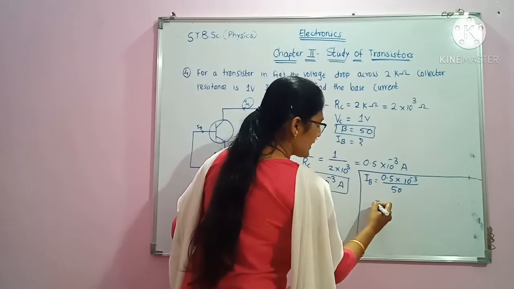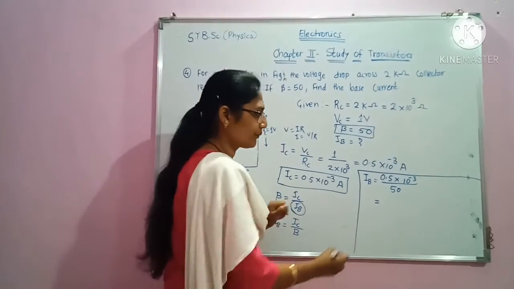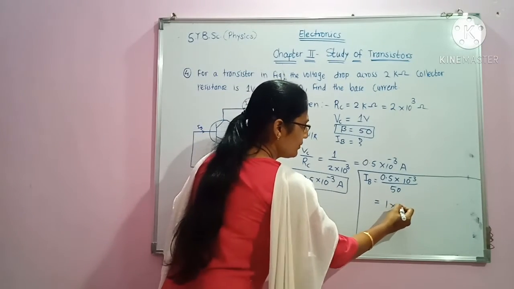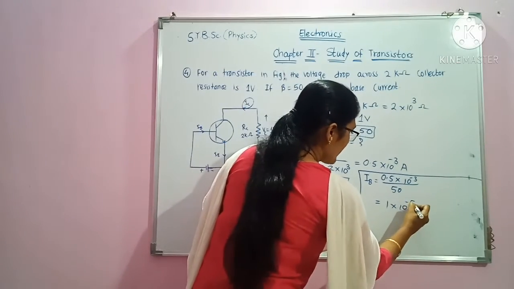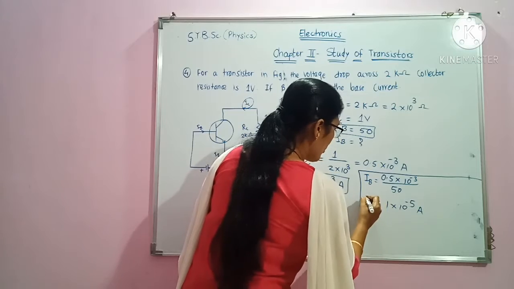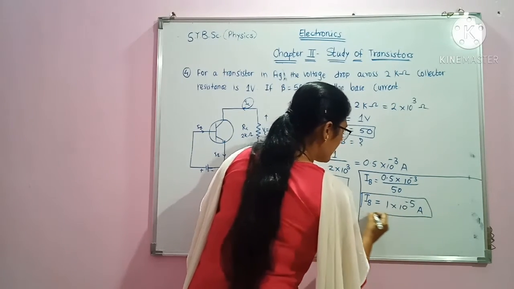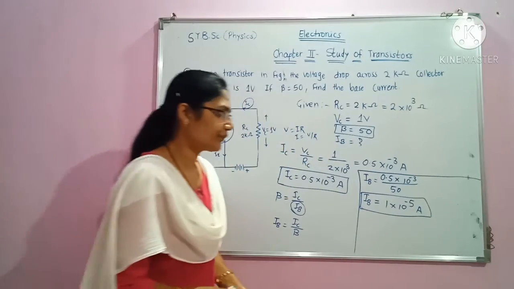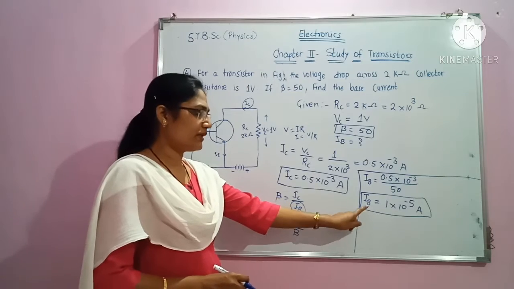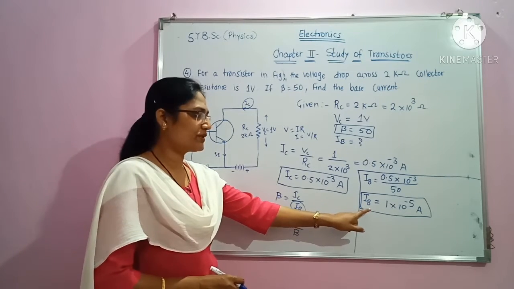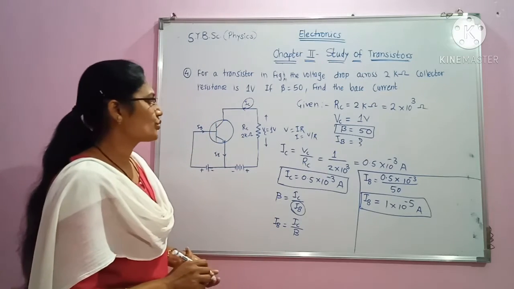If we solve this example, then this value comes out as 1 into 10 raised to minus 5 ampere. This value of IB comes out as 1 into 10 raised to minus 5 ampere. Try to solve this example and see whether the IB value is coming as 1 into 10 raised to minus 5 ampere.